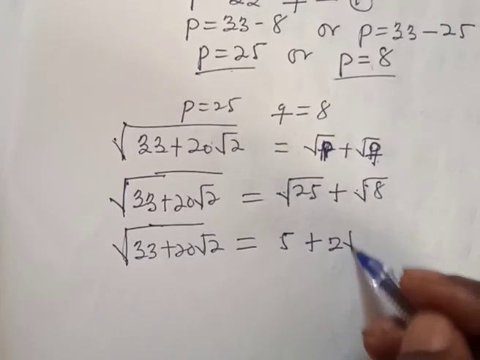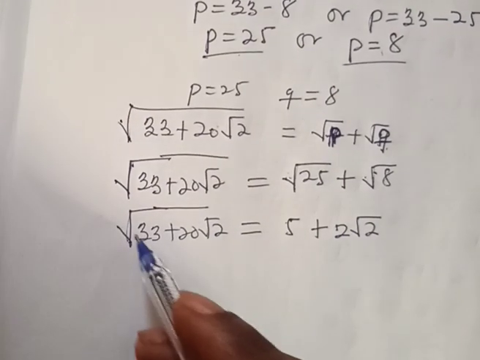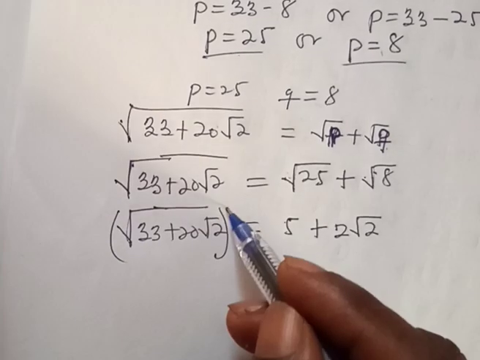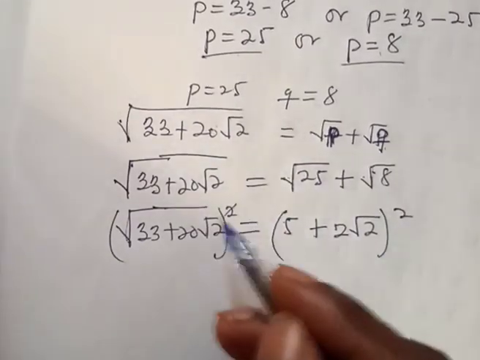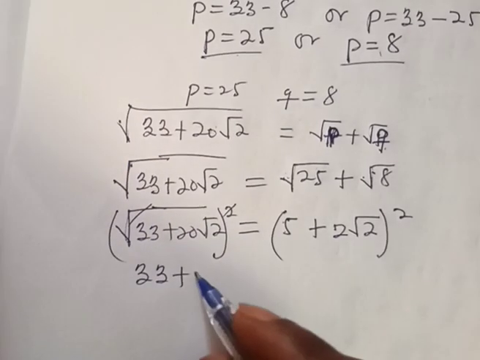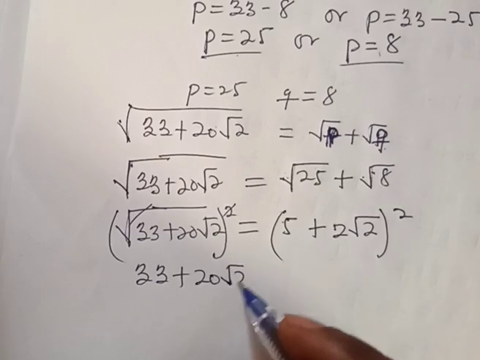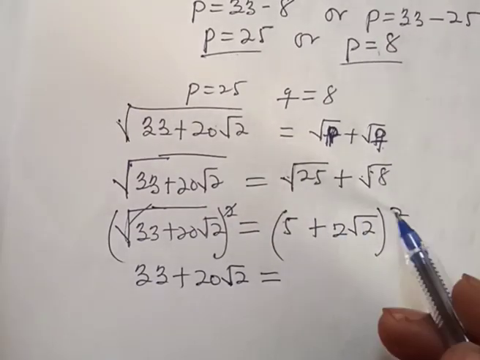2 root what? 2. All right, remember, since we have this, we can take square of both sides, so that this one will go. Then we have 33 plus 20 root 2, which is equal to, now we are going to take square of this.